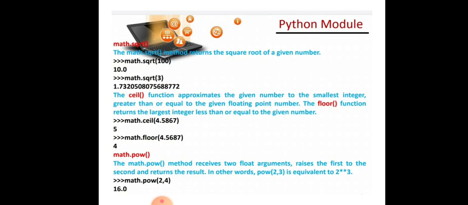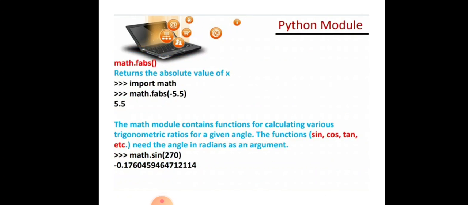The pow method receives two floating arguments, raises the first to the second and returns the result. In other words, it is equivalent to 2 raised to the power 3. Next, we use the fabs function. It is used for returning the absolute value of x.